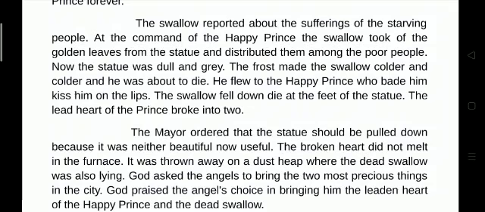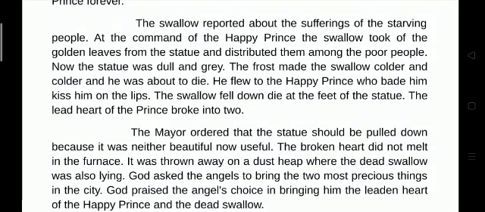The frost, the frozen winds, made the swallow colder and colder, and he was about to die. Actually, why was he going to Egypt? Because when the weather becomes frosty, or extremely hot, birds and animals migrate from one place to another for their safety.